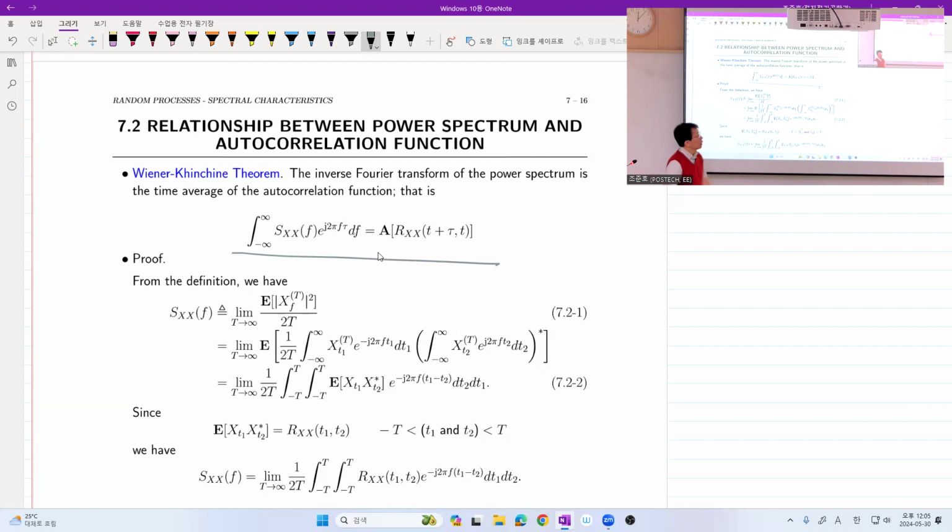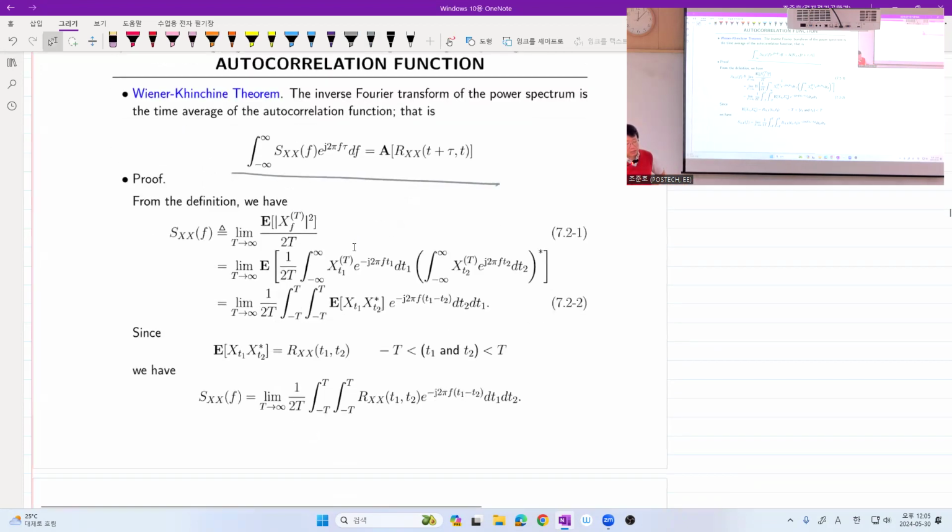Got it? See that? First, you compute the autocorrelation. You average with respect to t. And then you have the Fourier transform relation. The derivation is a little bit complicated, but you can do that if you keep the conjugation and negative sign properly.